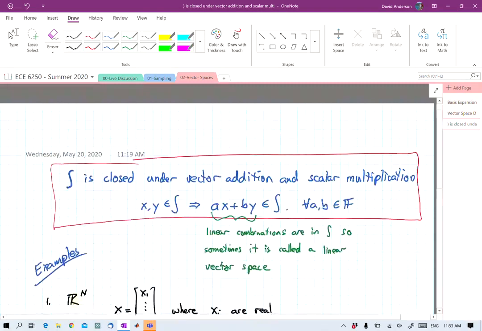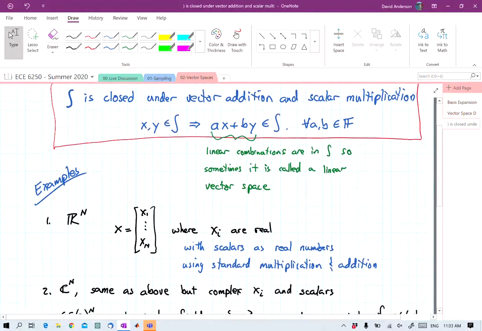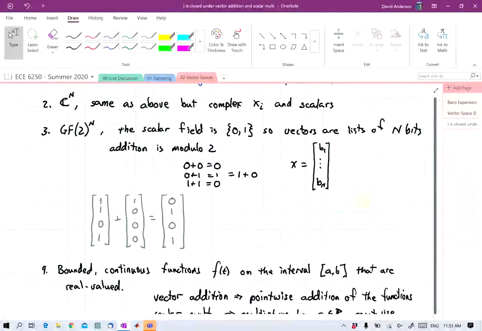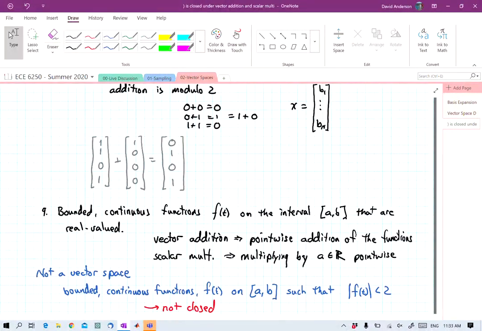So, vector spaces. We've found that a vector space is what we're used to seeing with vectors, but also we can define them to be something more generic, such as functions on an interval, or these binary vectors.